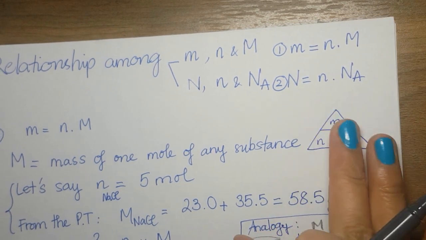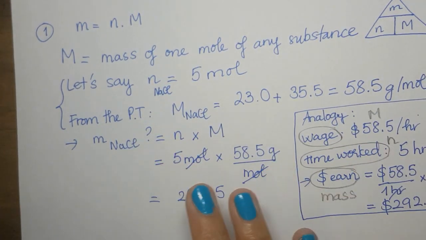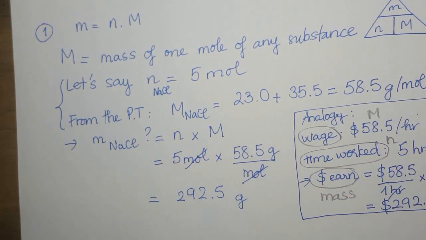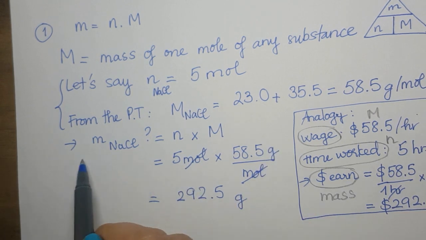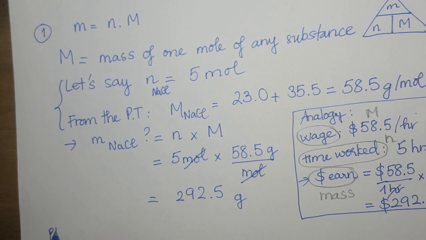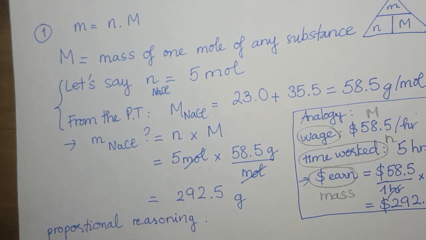But if you don't have this triangle, you can still figure it out by using the meaning of what molar mass means and the total mass that you could find after that. So at the end of the day, it is about proportional reasoning. Let's do another example.